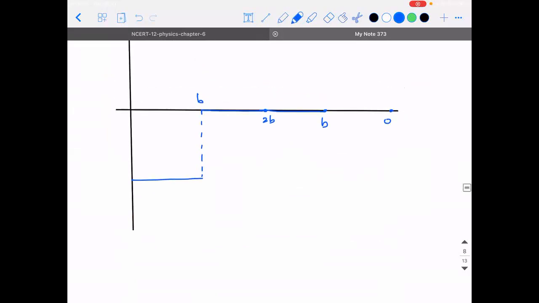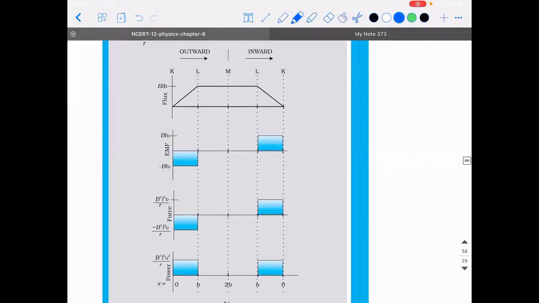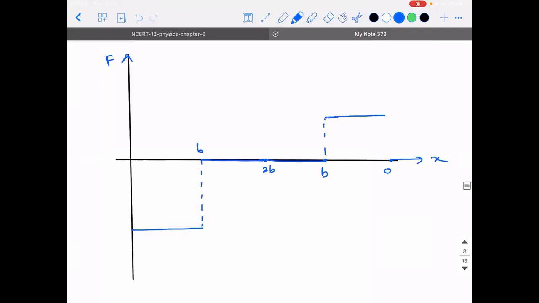So this will be 0, and here it will be plus B square L square V divided by R. So this is X, and this is the force. Done.